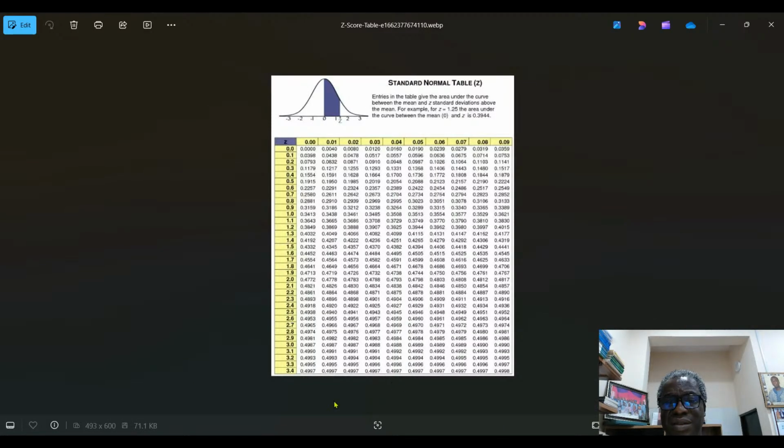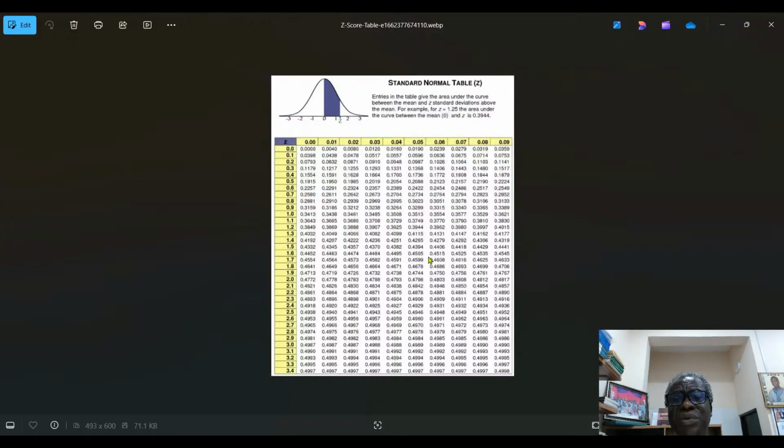The screen is coming up. Just a minute. I hope you are able to see the screen. Yeah, the screen is up now. I hope it is very clear.